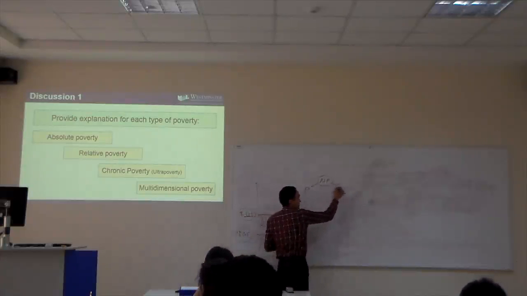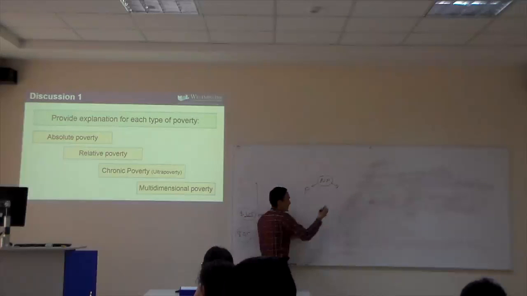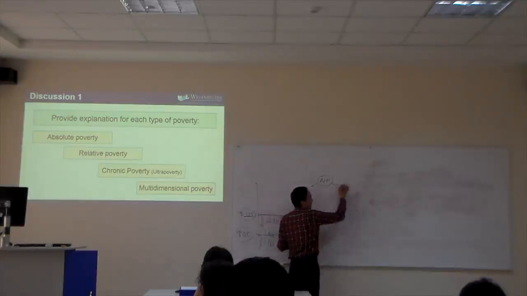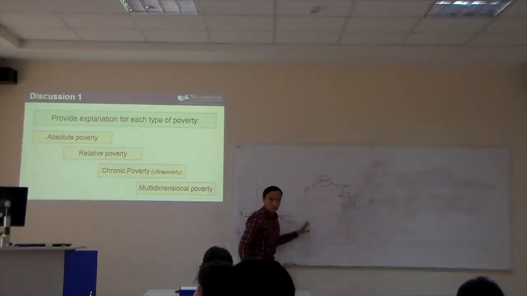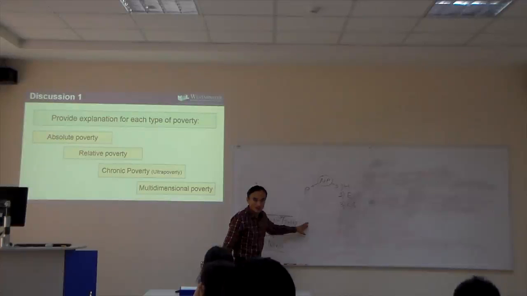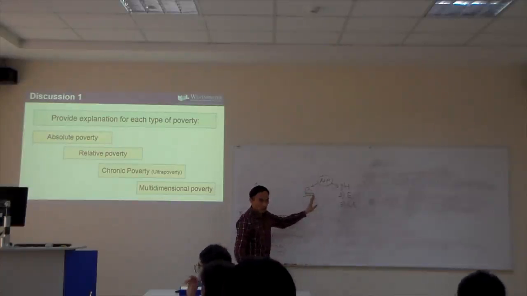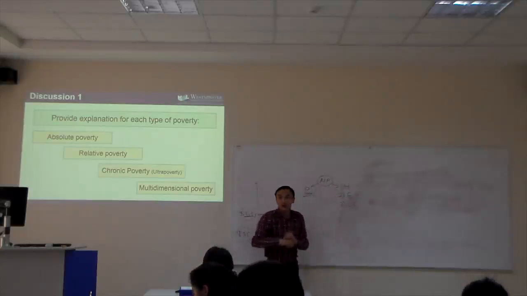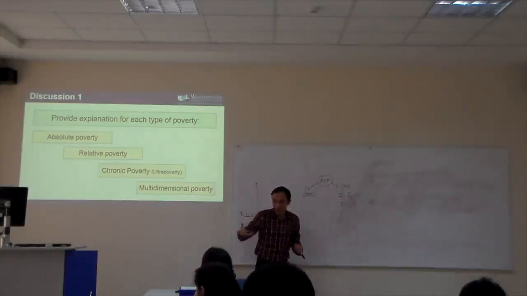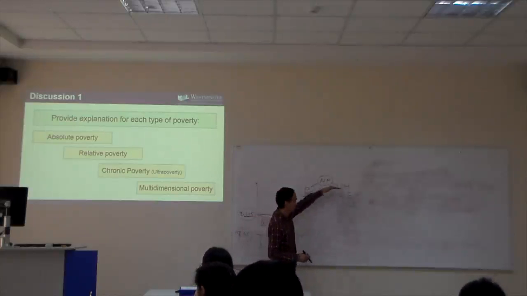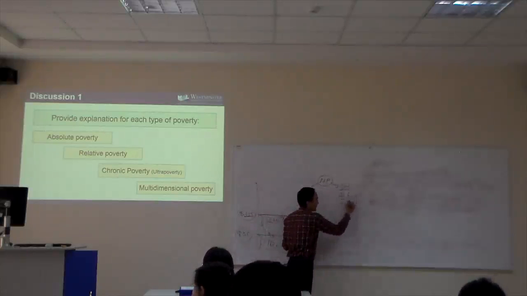The second one is they must have some problems in health, education, or living standards. What's P? Poverty. Poor. That household is poor, we know. And then there is a household survey, you have to come and check whether that household has these problems.